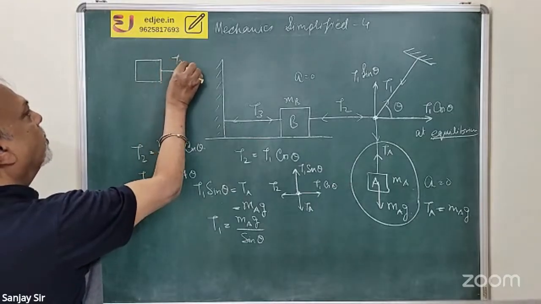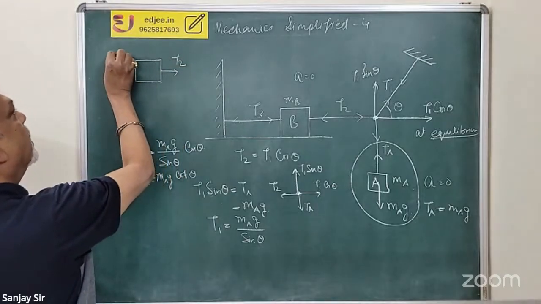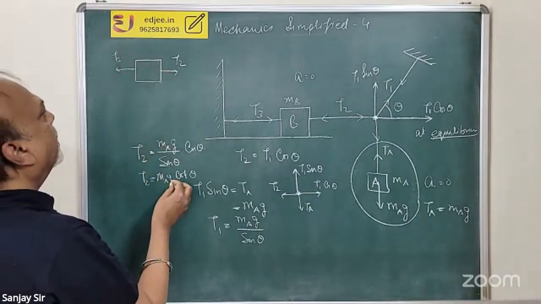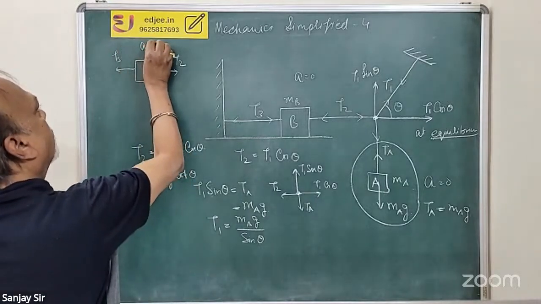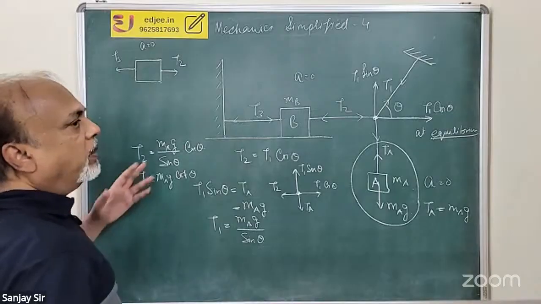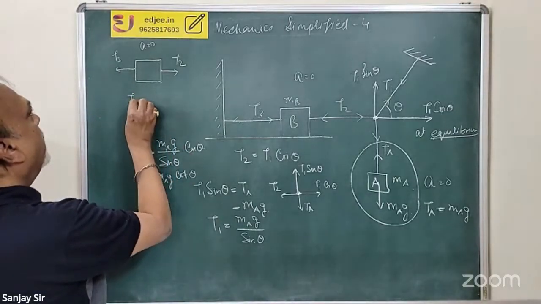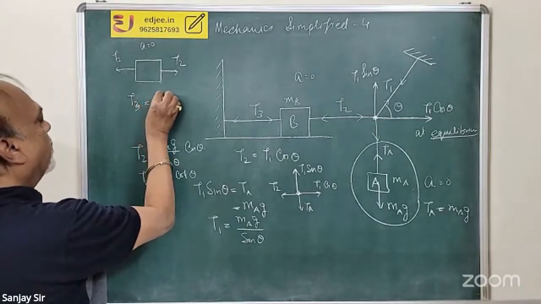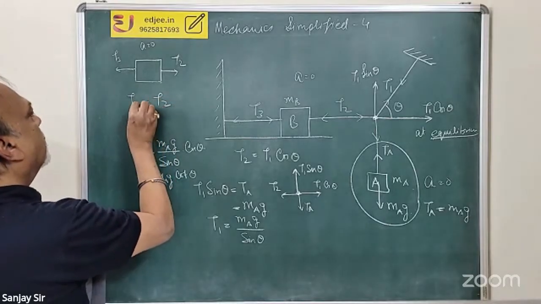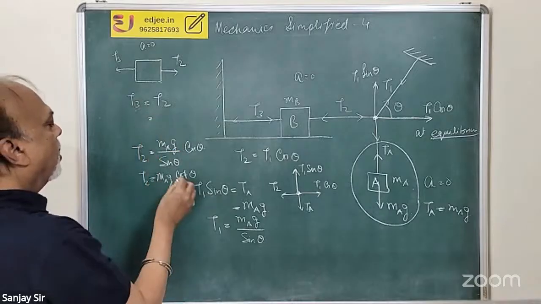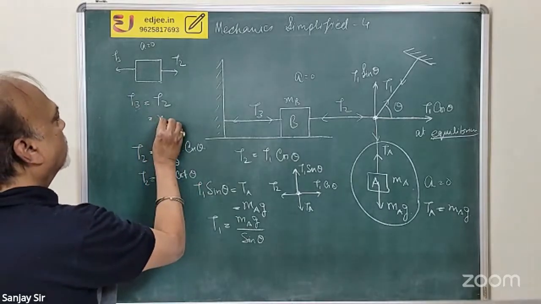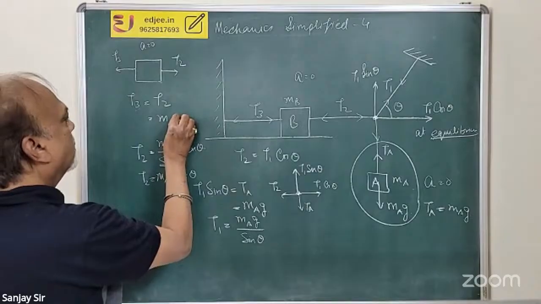Here it is T2, here it is T3, and acceleration is 0. That means T3 has to be equal to T2. Or this is also basically MAG cot theta.